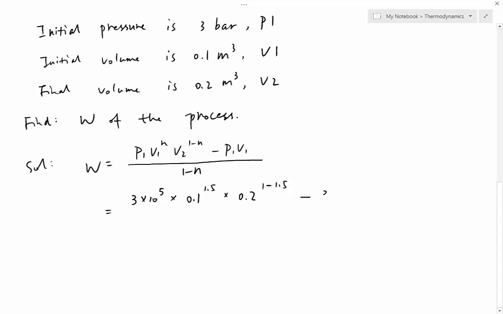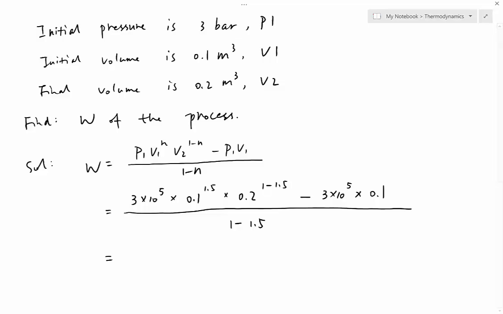P1 is 3 bar and convert bar to Pascal by multiplying 10 to the 5th, multiplied by V1, which is given 0.1 cubic meter, SI unit already, divided by 1 minus n, and n is 1.5, given. Okay, so now what you can do is just use your calculator.